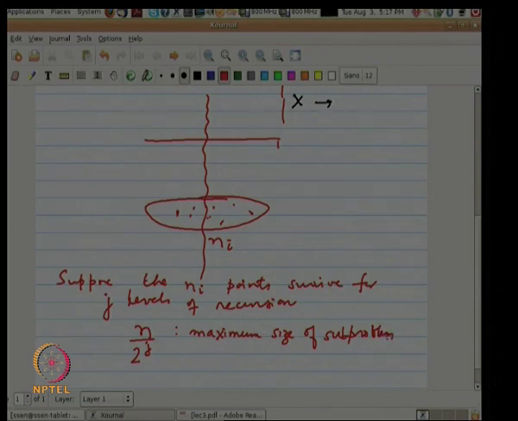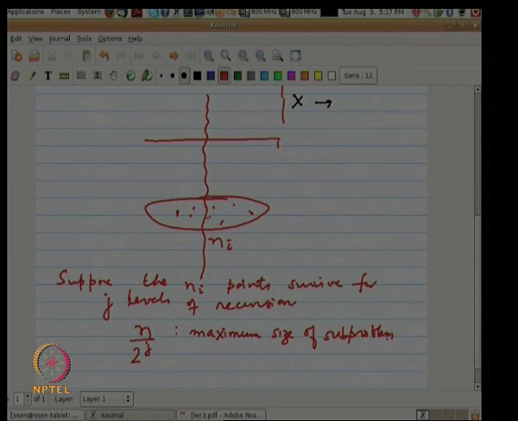Okay. And the cluster has size n sub I. So, what is the relation between the cluster size and this maximum size? If the cluster has to survive, then this cluster must have size smaller than that, or what, larger than that, smaller than that, right. Otherwise, it is definitely going to get split up. You can't have any sub problem larger than n over 2 to the power j.